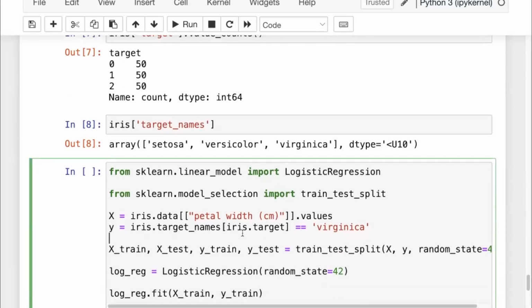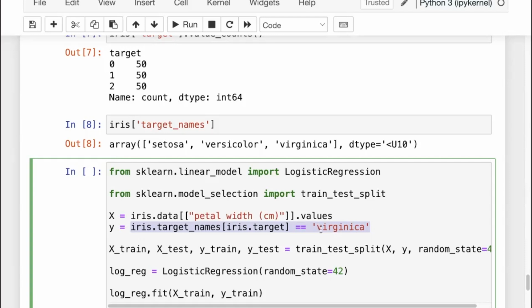The way that we convert this to a binary classification problem is by checking whether the flower belongs to this Virginica species or not, right? Once you use this, it is either true or false, which means that now you have a binary classification problem.